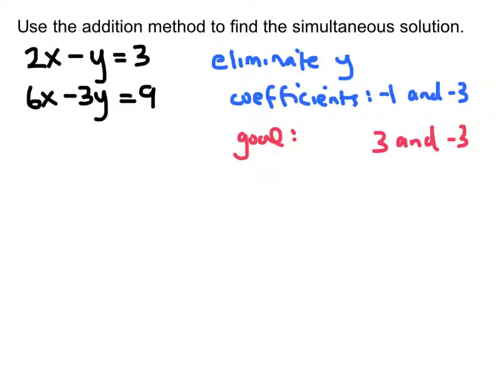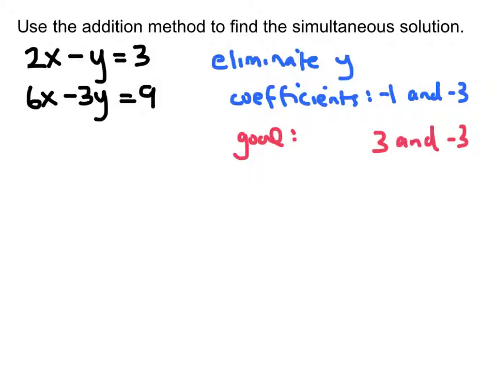So when I'm looking at the coefficient that I already have versus what I need, one of them already has a -3, and that's the second equation. So that means we're not going to have to modify that second equation. I now want to look at how do I turn -1 into +3.